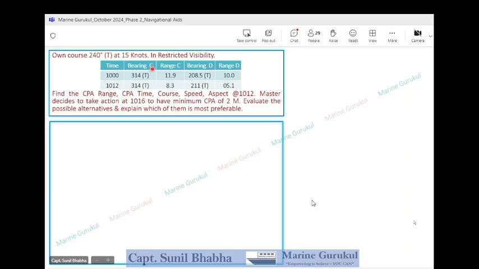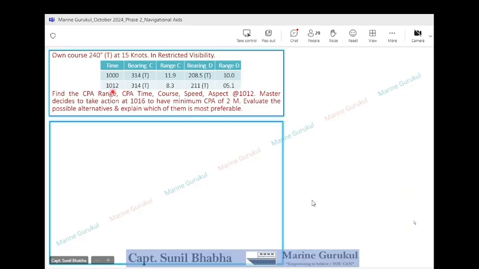First observation is made at 1000 hours. The bearing of target Charlie is 314 degrees true and the range is 11.9 miles. For target Delta, the bearing is 208.5 degrees true and the range is 10.0 miles.